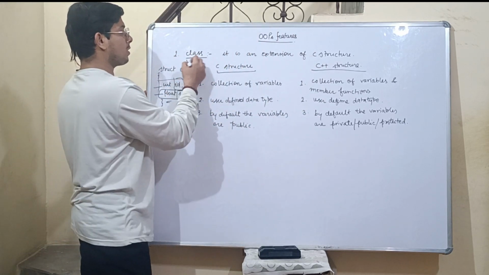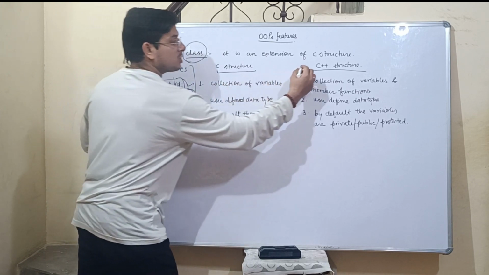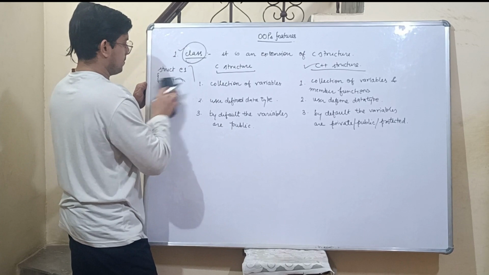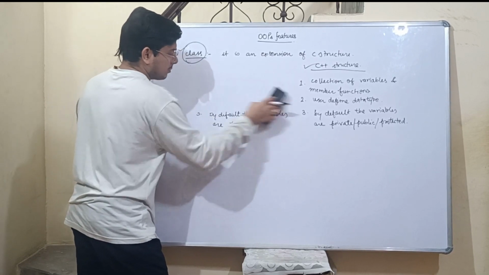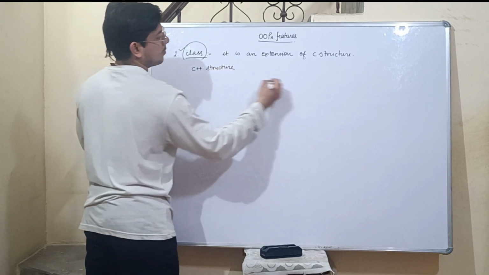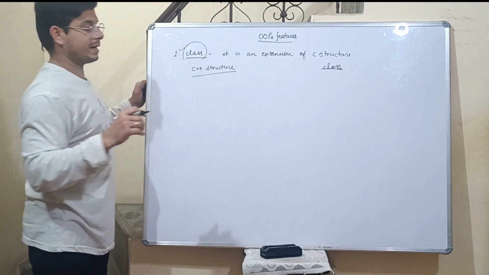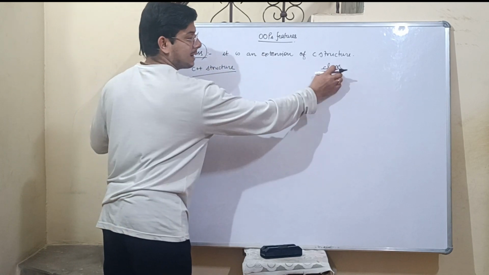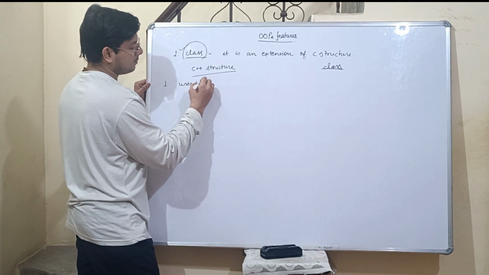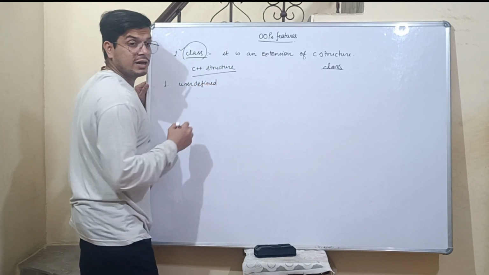Now the question is how class has been created. So for that we have to compare the C++ structure and class. Let's do that. So the comparison between C++ structure and class. The first is, this is user defined data type.